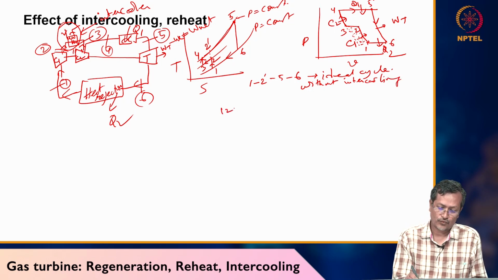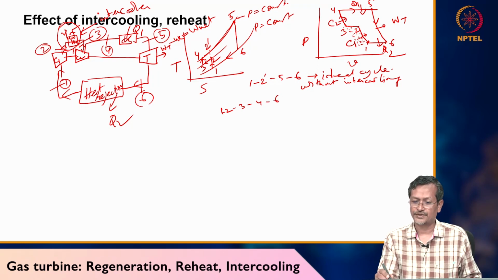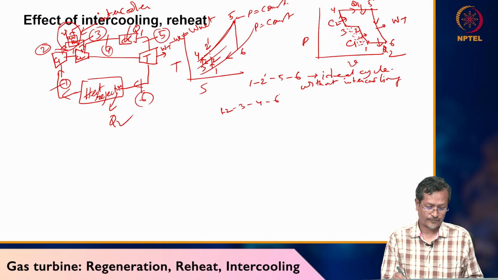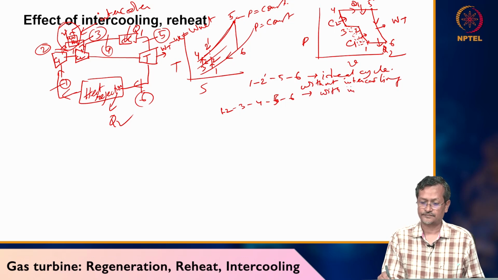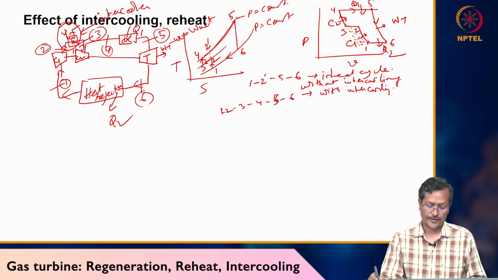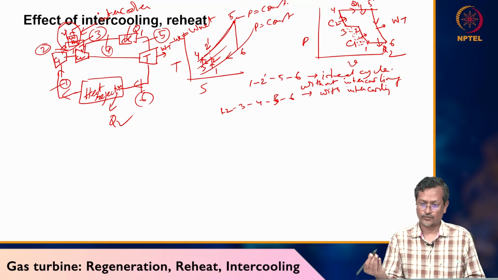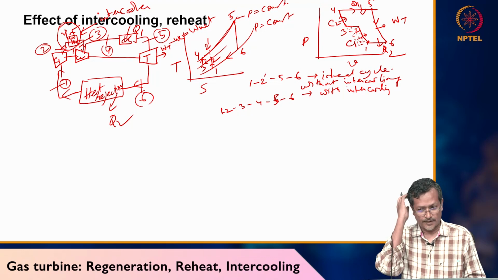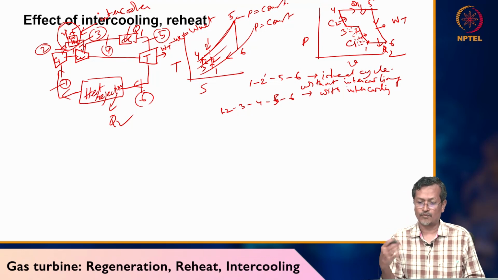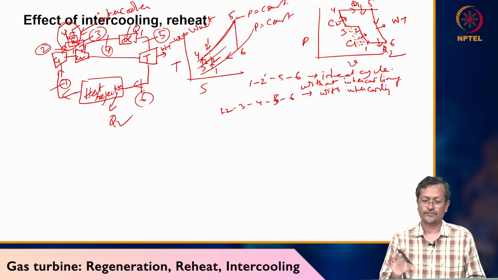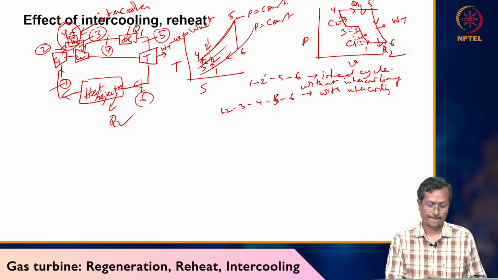But 1, 2, 3, 4, 5, 6 will be with intercooling. Okay. So when we go without intercooling, we are using more energy to get a certain amount of work.